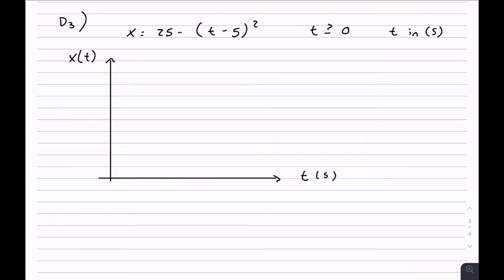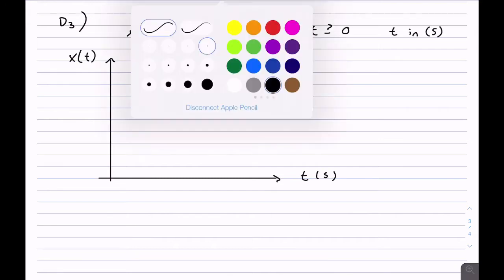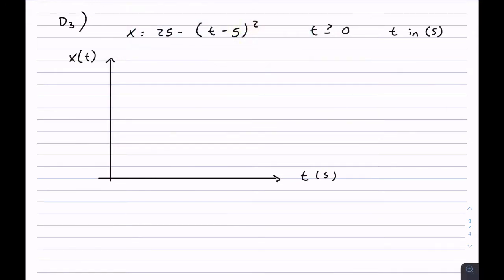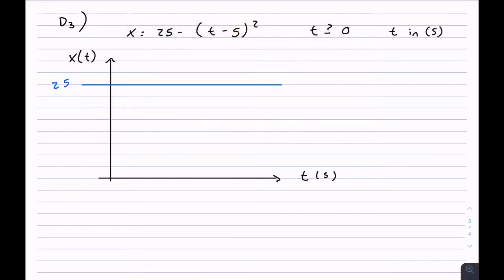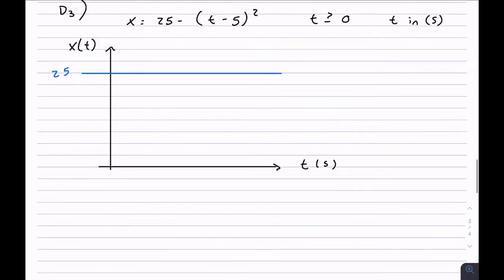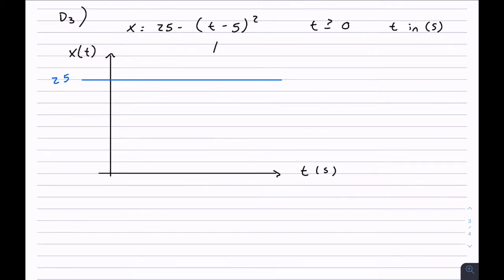Now, we know that it's going to be somewhere up here, shifted up by 25, because we have the constant positive 25. So let's call this 25. We also know that x is going to be 0 when this squared value is equal to 25, because we have 25 minus 25. That means that t would need to be 10.